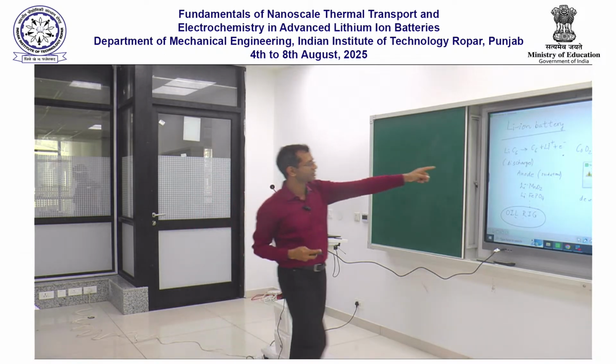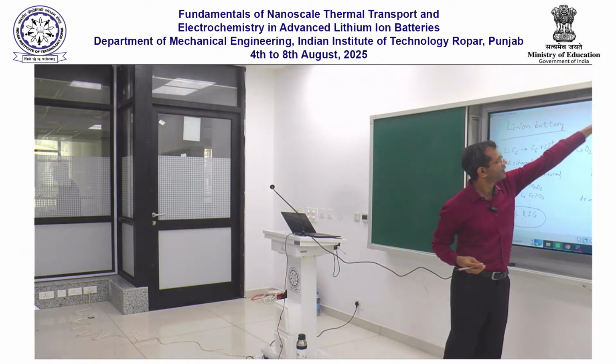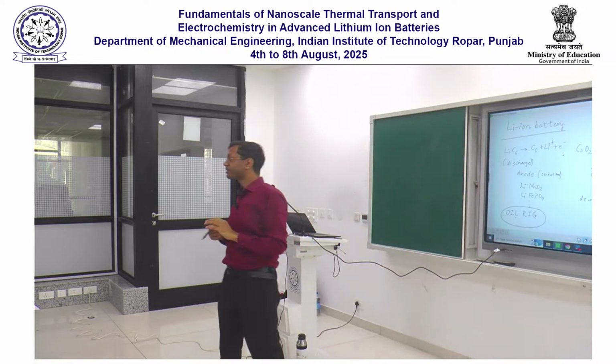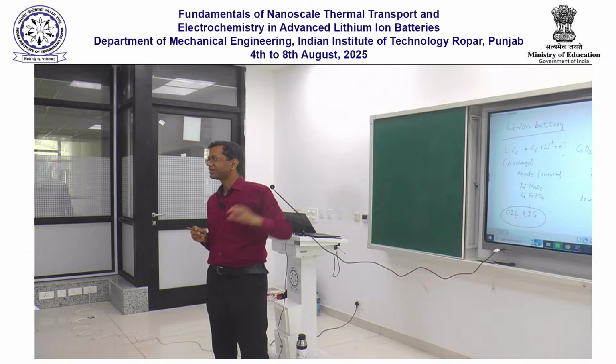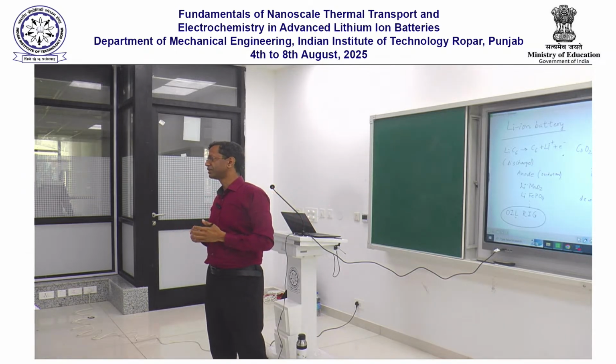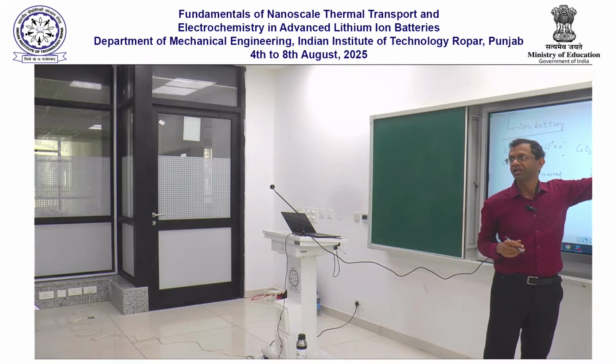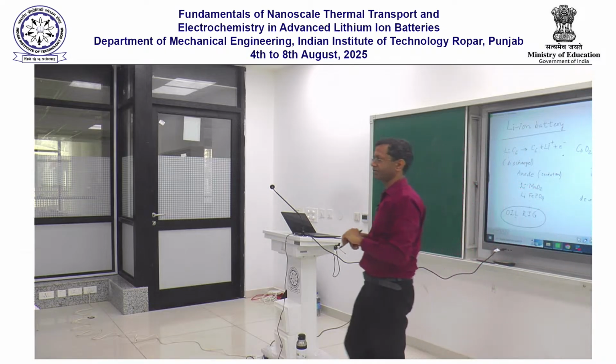In this very simple process, there are a number of heat transfer phenomena that occur, which is of key interest to our GIAN course. We want to look at this simple electrochemical system in the context of heat transfer.